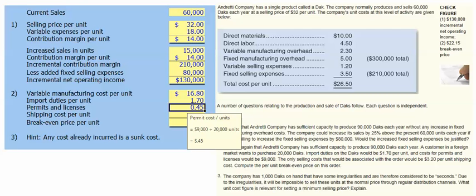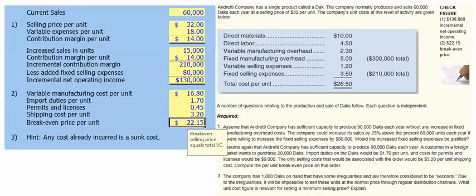If we spread this out over 20,000 units, that means the cost per unit is 45 cents. And we were told our shipping cost would be $3.20 per unit. So our total variable cost per unit, or the break-even selling price, is $22.15.